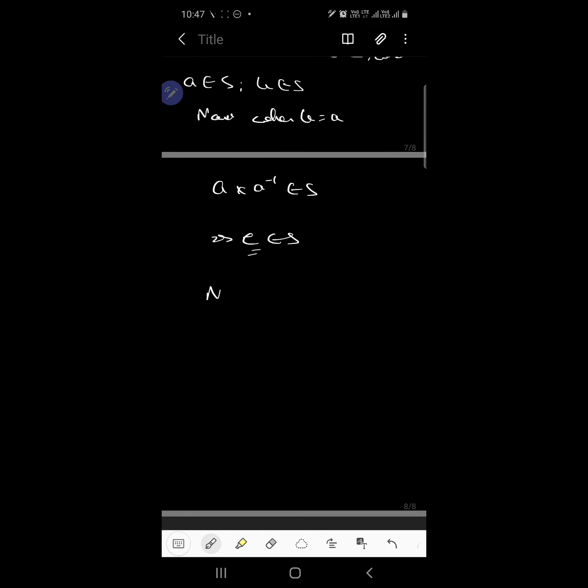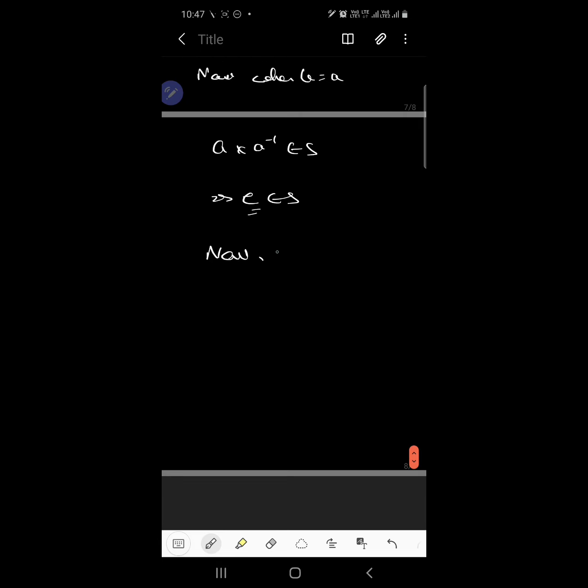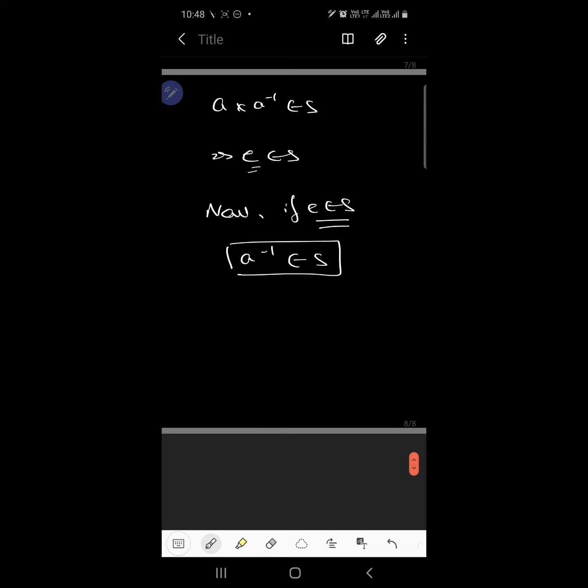Now, since E belongs to S, A inverse belongs to S, right? How can we prove that?